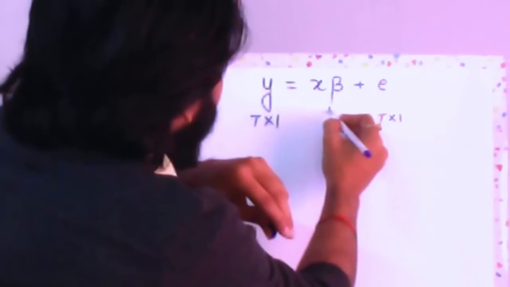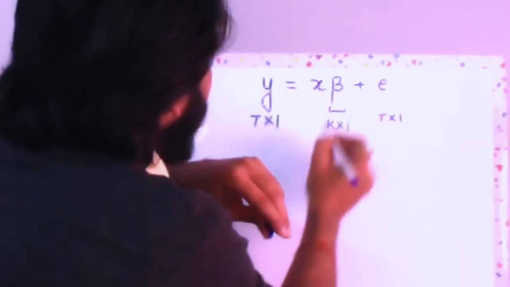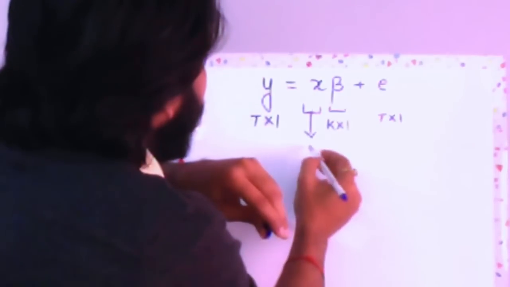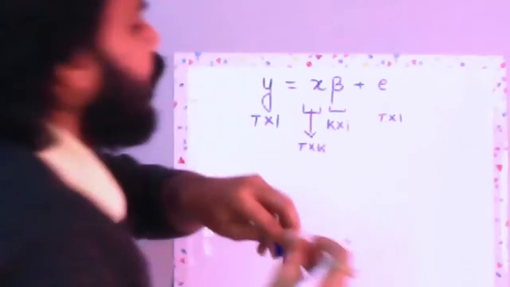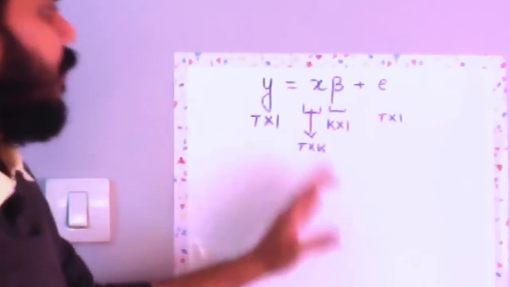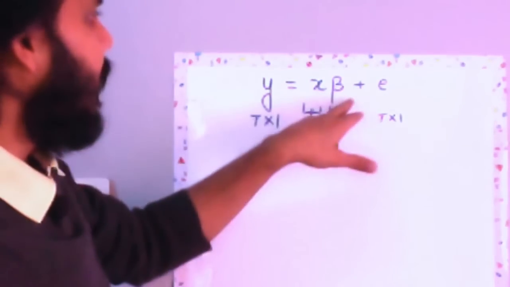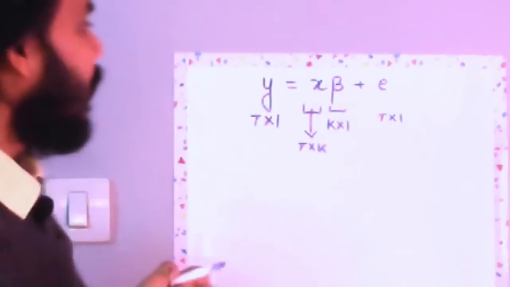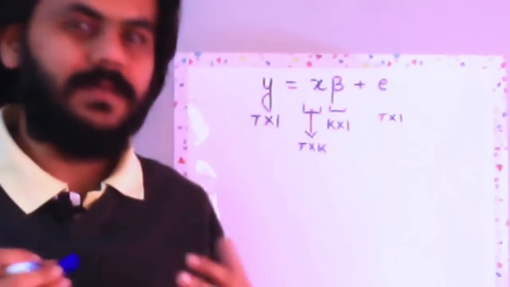And beta is k cross 1, and x is t cross k. T for the number of observations, the rows, and k for the number of columns, because your beta will have k betas inside. Obviously the first beta will be 1 because that is your intercept.